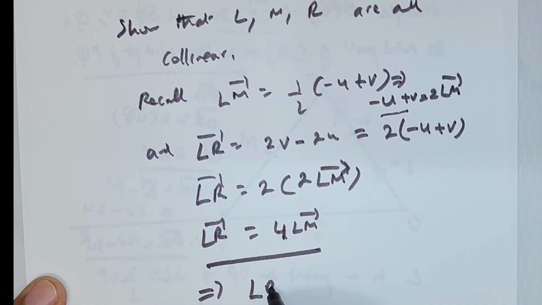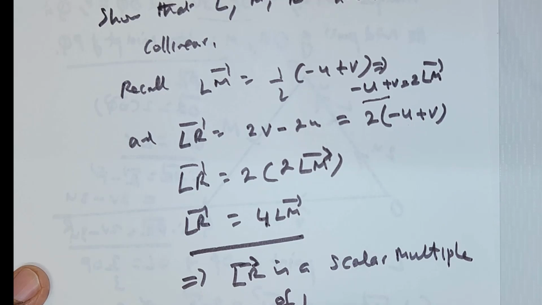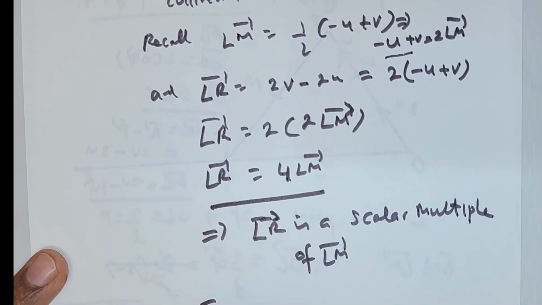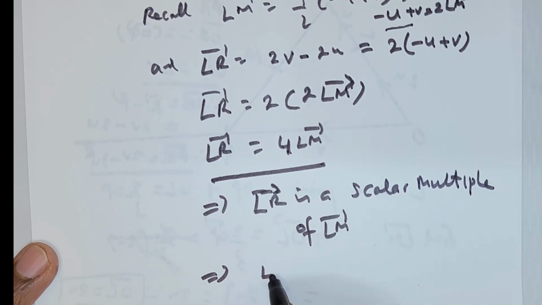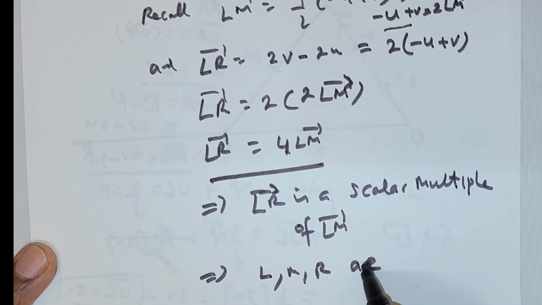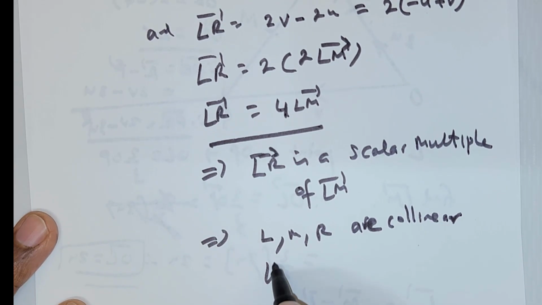This means that LR vector is a scalar multiple of LM vector. So once you have established this, it means that LMR are collinear, hence the result.